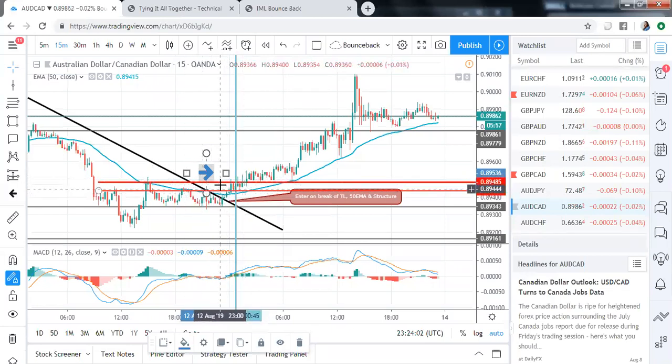If that structure is not broken, the trade can respect that structure, treat it as resistance and then drop. And then your stop loss is hit, basically. So if your structure is not broken, then you shouldn't be entering the trade. That's how I see it.